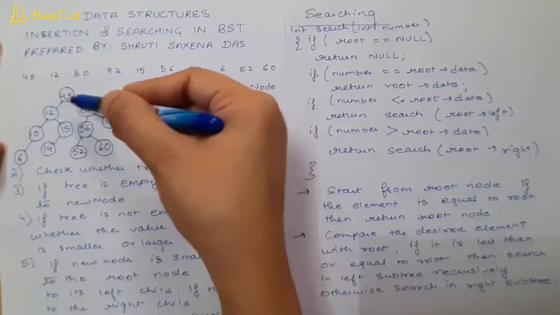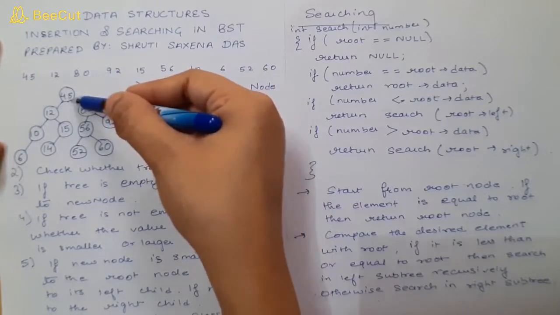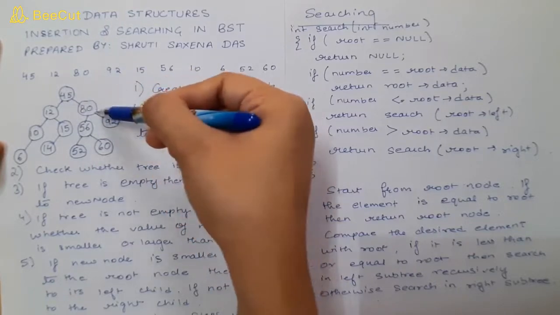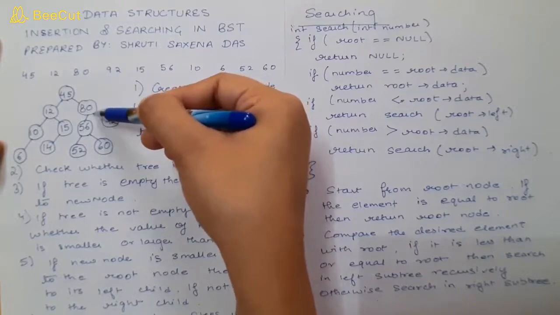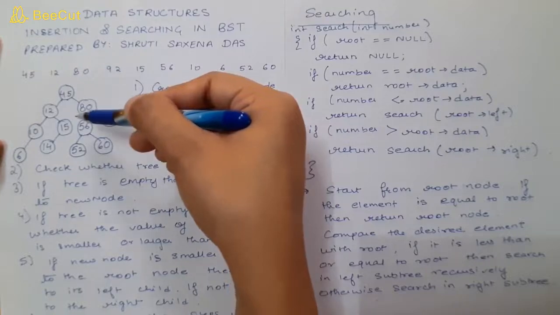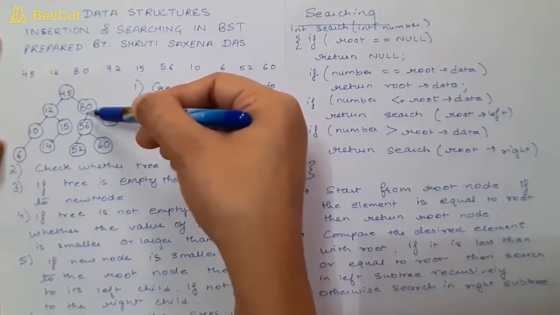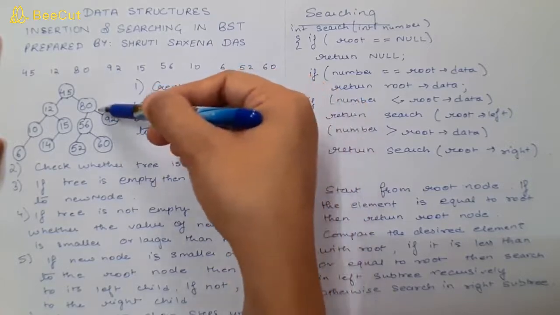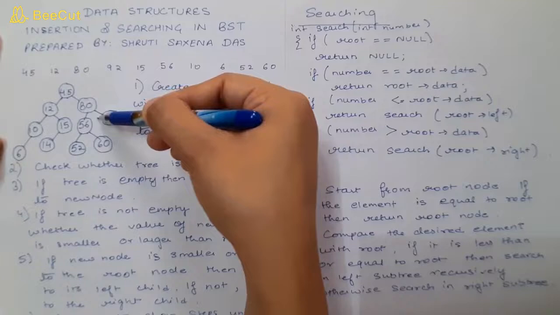So we have compared 45 and 56. 56 is greater than 45, so we move on to the right subtree. Next is 80. When we compare 56 with 80, 56 is less than 80. So there is no need to search in the right of 80, because there we have values greater than 80.